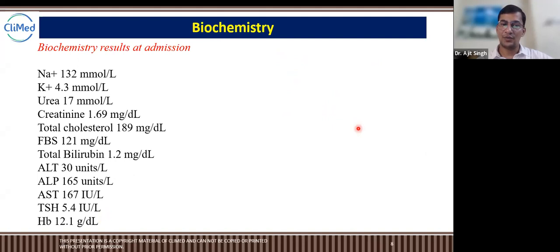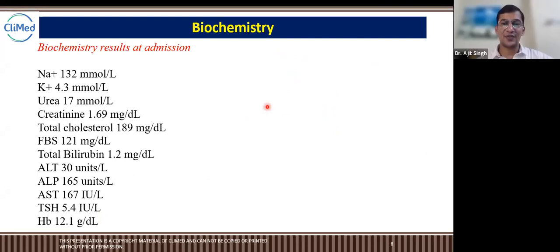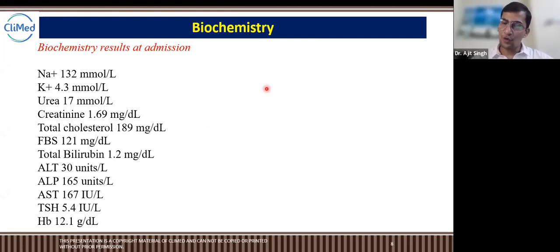Yes, sir, TSH. I think Vikas was talking about TSH. The TSH is high here. The normal TSH is 0.2 to 2.5 in normal patients. I don't know whether this patient is hypothyroid or taking any medications previously, but this value is much elevated.